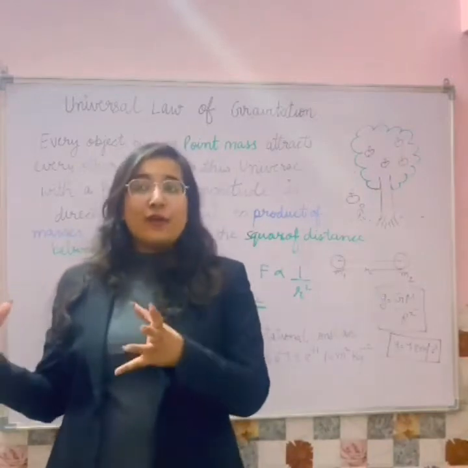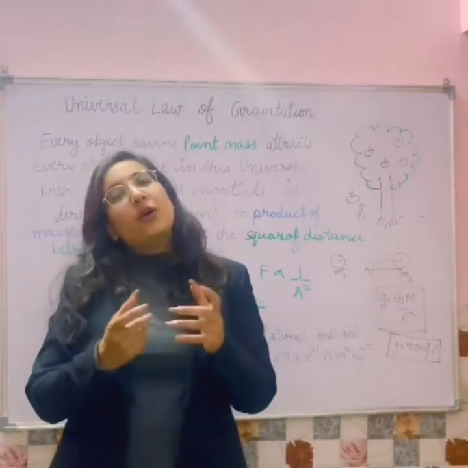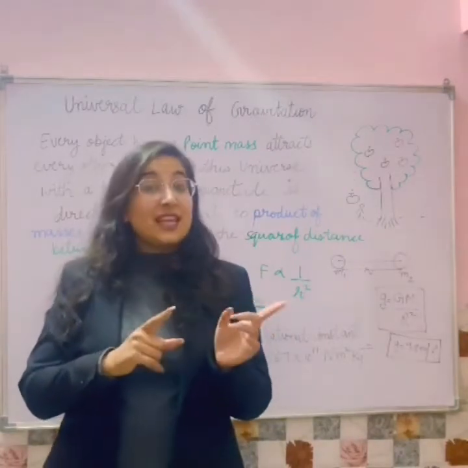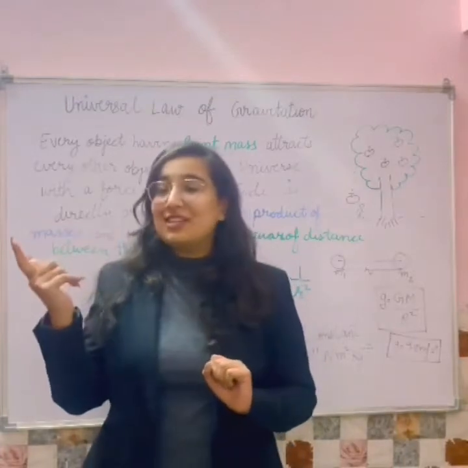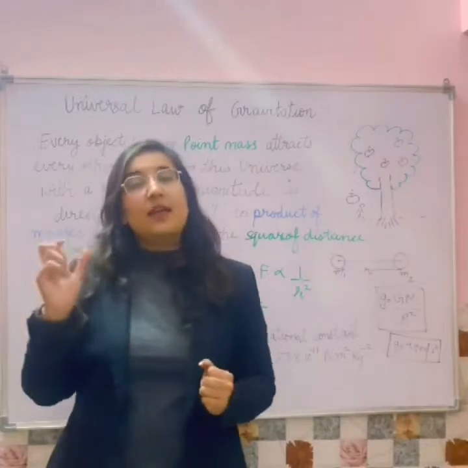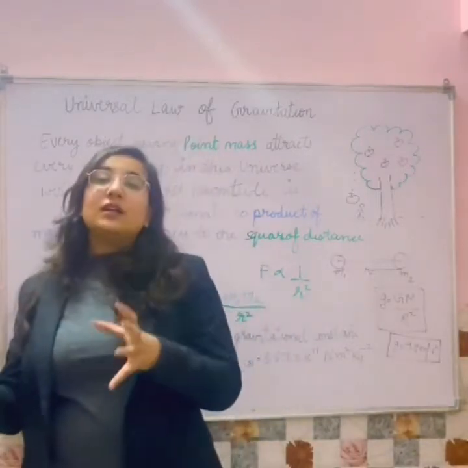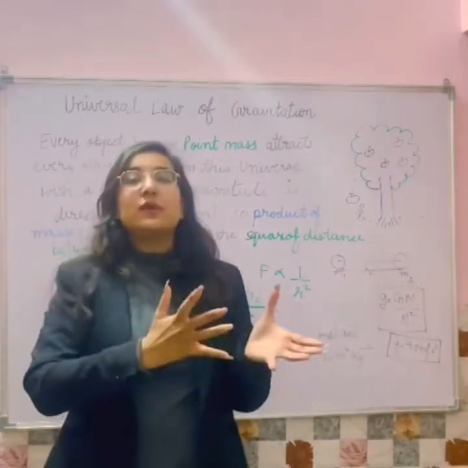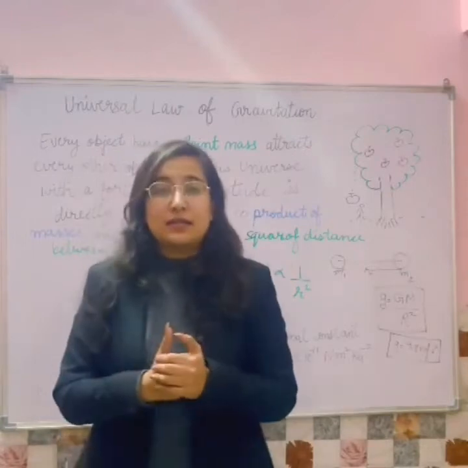Because the Earth has a greater mass. As we know, according to Newton's second law of motion, force is mass into acceleration. If an object has a greater mass, then its acceleration will be very low. So the Earth cannot be seen moving towards the apple as it has a greater mass.